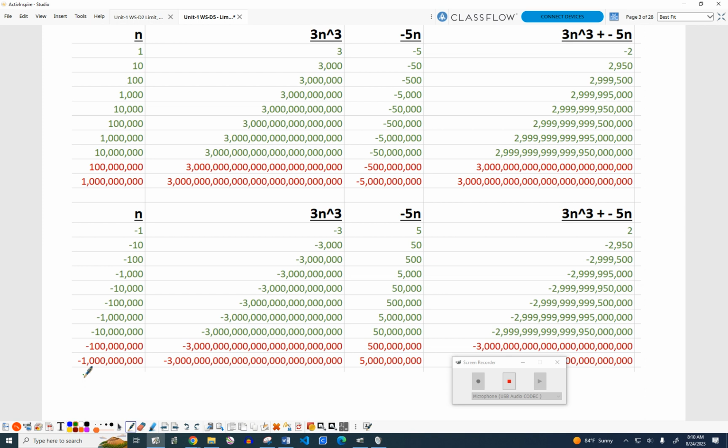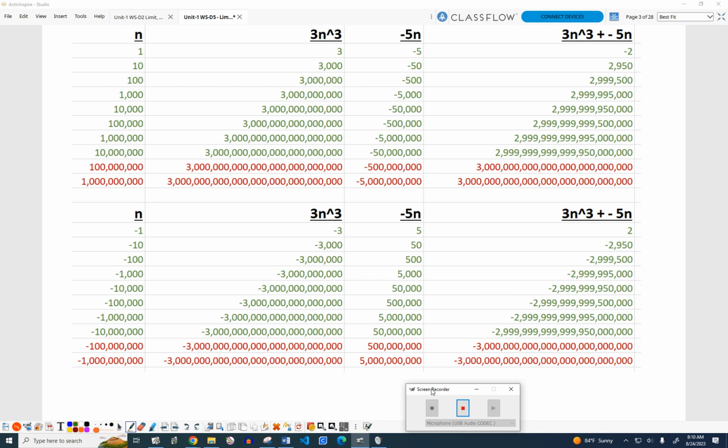It shows what happens when you take 3n cubed, how large that becomes, compared to 5n. When you put them together, the spreadsheet couldn't even show the contribution from the negative 5n. So I've noticed this number looks to be exactly the same as that number. They are different, but the computer can't do it. The numbers are so different.